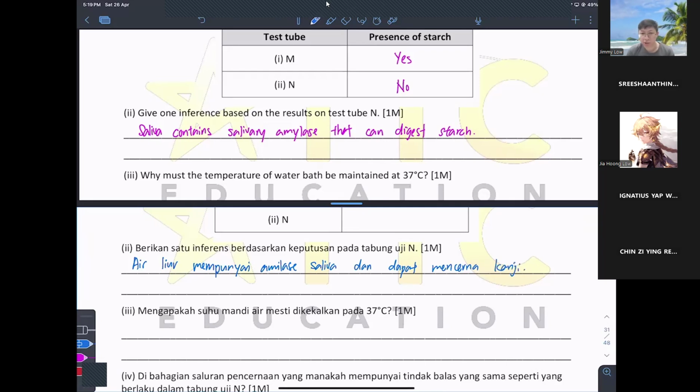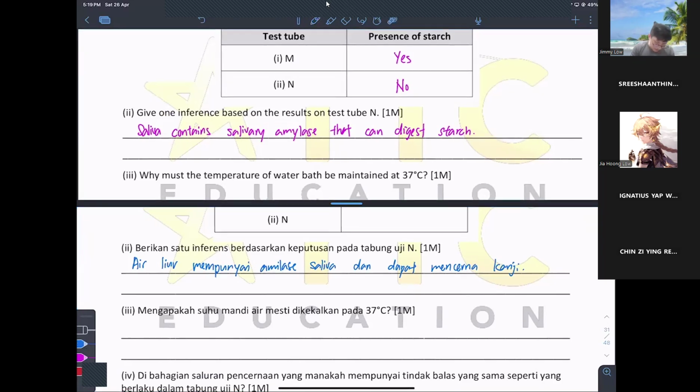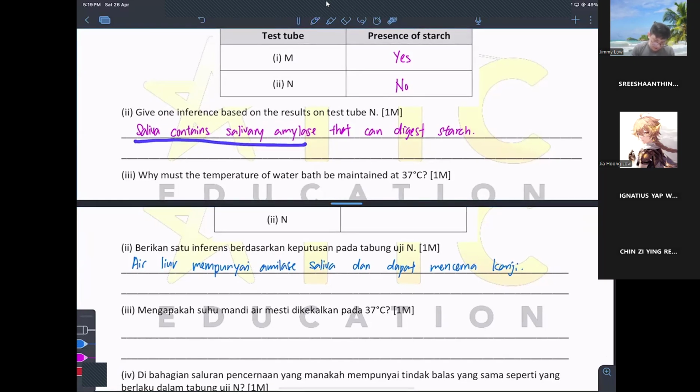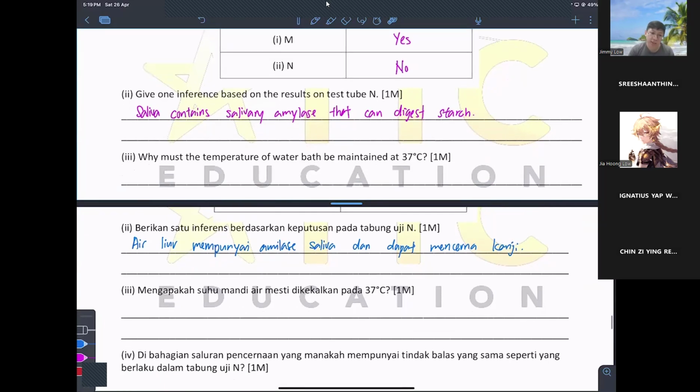So this is how you do with the question. You don't simply stop here at saliva contains salivary amylase. If you stop here, you lose the mark, because it's not a complete answer. So you can say it can digest the starch or it can break down the starch. Memecahkan kanji also can.